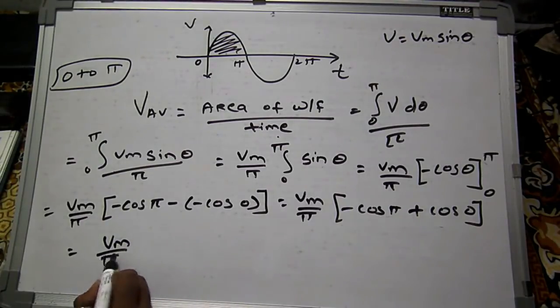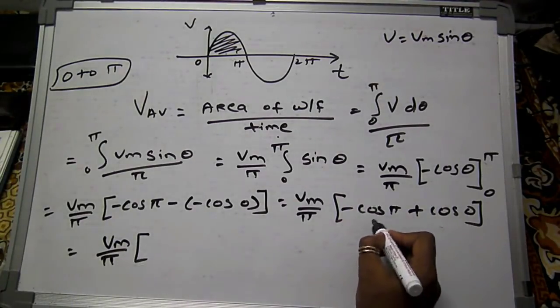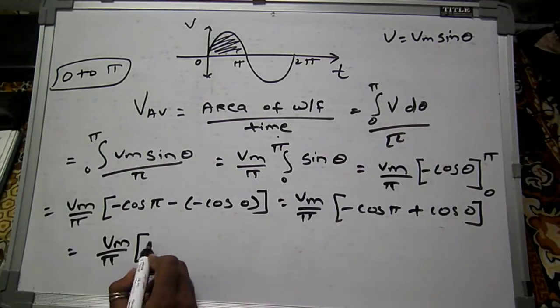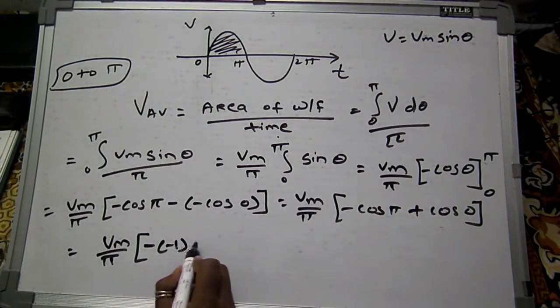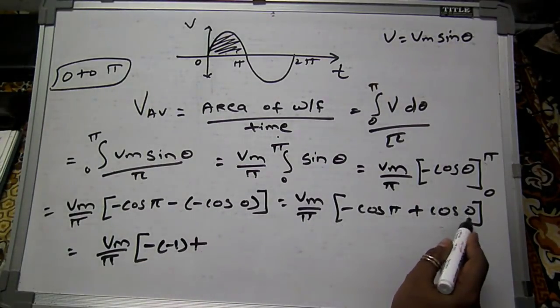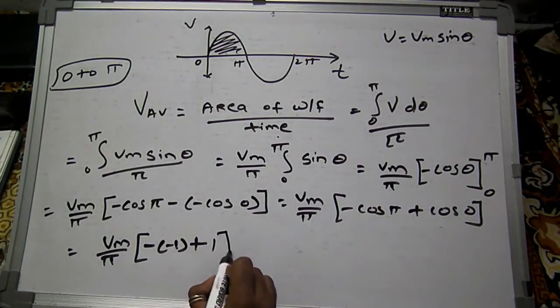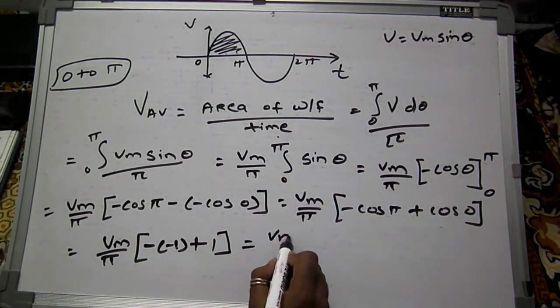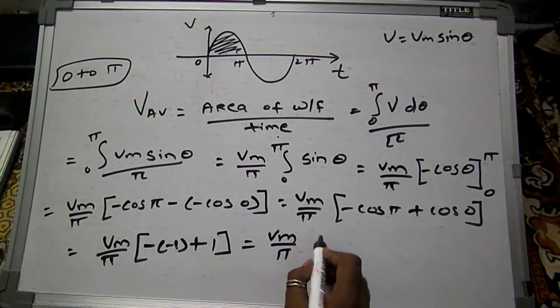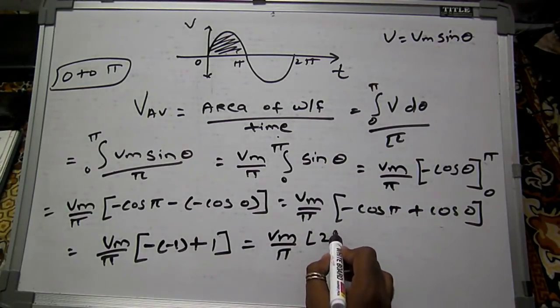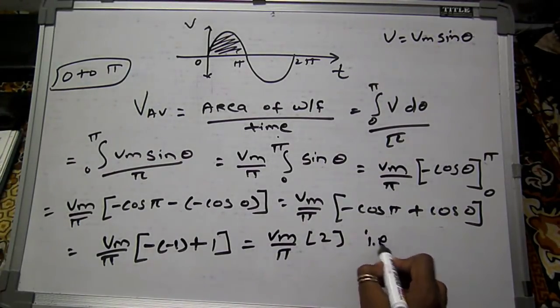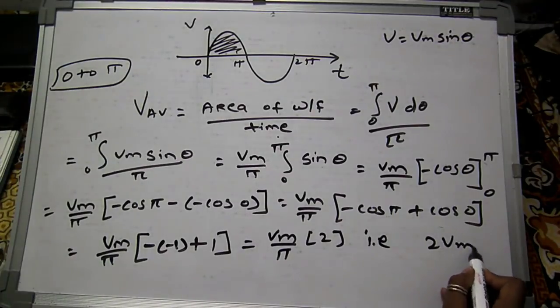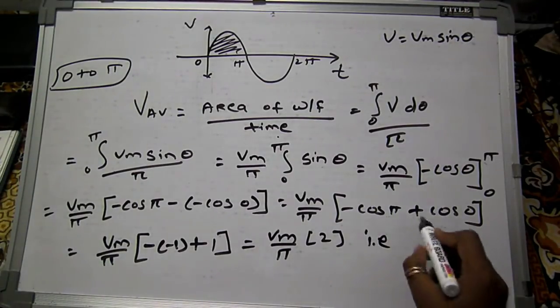Cos pi is minus 1, so minus of minus 1, plus cos 0 which is 1, so we get Vm upon pi into 2, that is 2 Vm by pi.